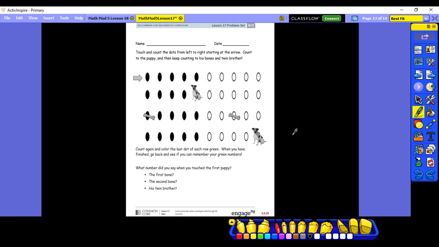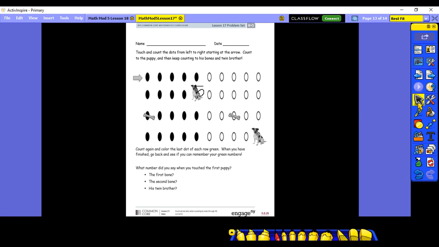How many dots away was our puppy dog? 15. Great job. Let's keep counting. What's one more than 15? 16, 17, 18, 19, 20. One more than 20, 21.